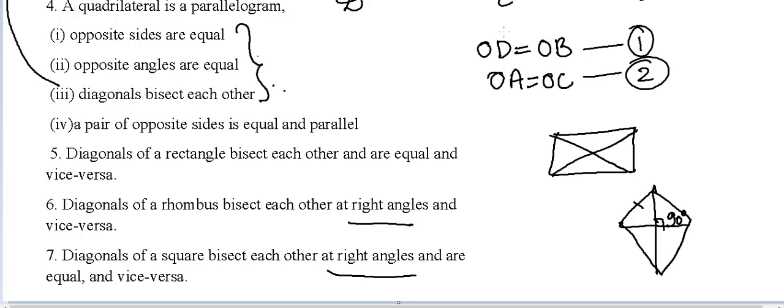For rectangle and parallelogram, they just bisect each other. Okay, but in rhombus and square they bisect each other at right angles. Okay. Now let us move forward and see the other properties.